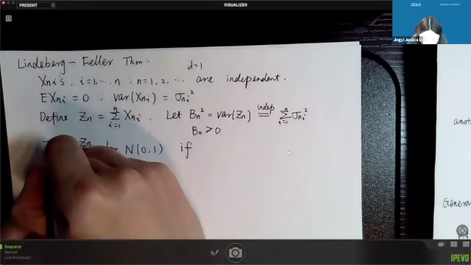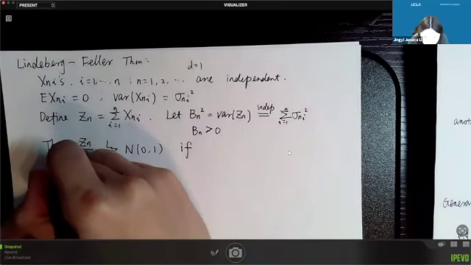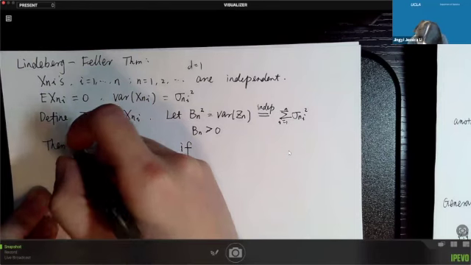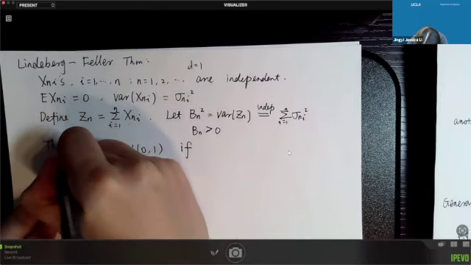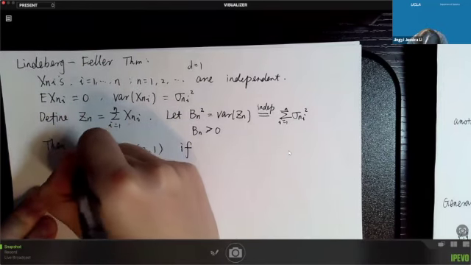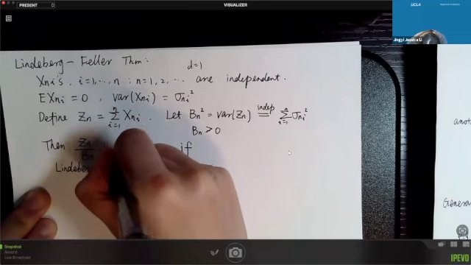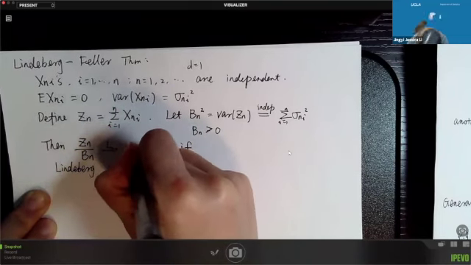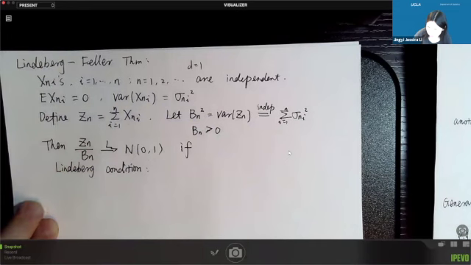This is what we call the Lindeberg-Feller condition. Or we can say just the Lindeberg condition. What is it? It's actually quite a complicated condition when you first look at it, but if you understand it, it's not so complicated.